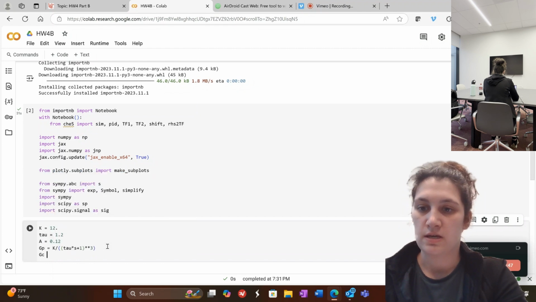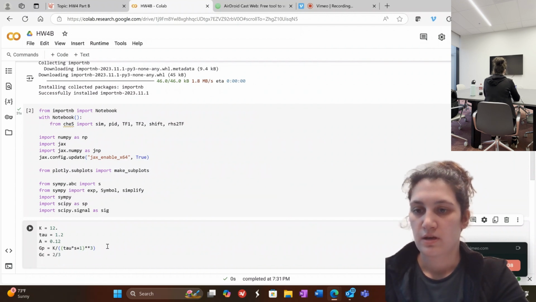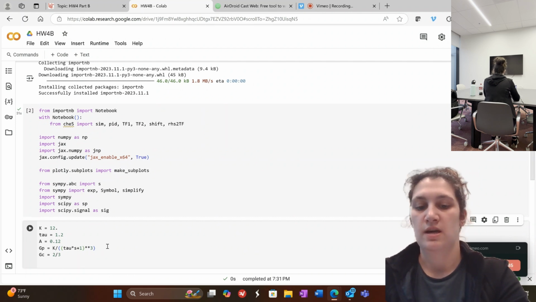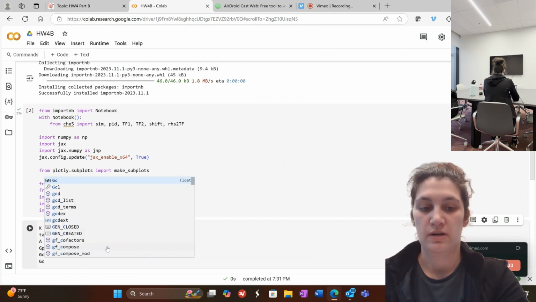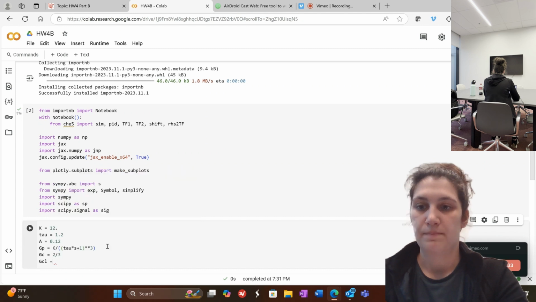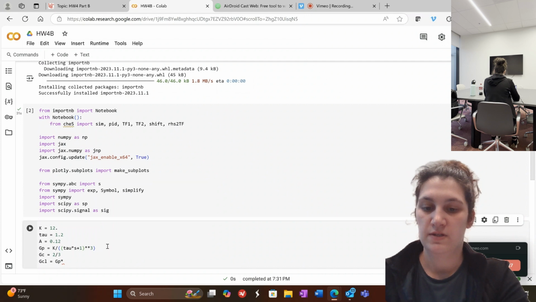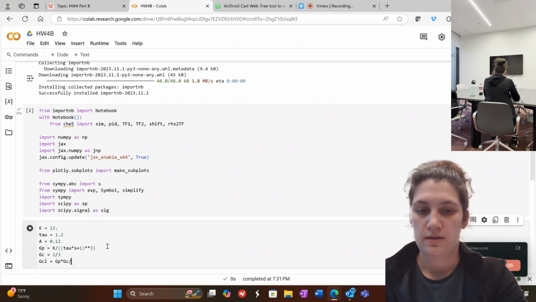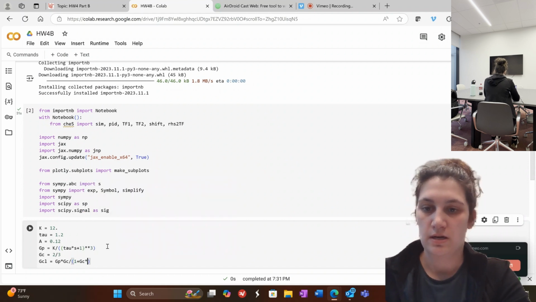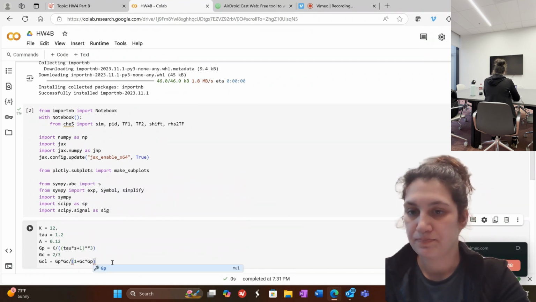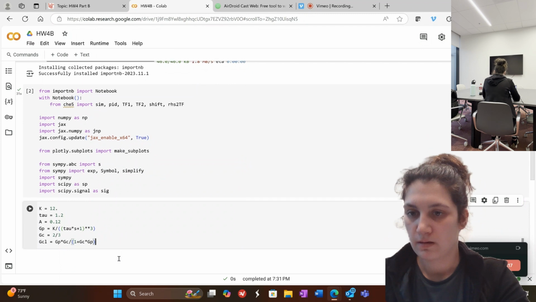And GC is equal to 8 over k, and then when k is 12, that's 2/3. And now we also want to make this closed loop, so we need our equation here. So this is GP times GC divided by 1 plus GC times GP. Perfect.